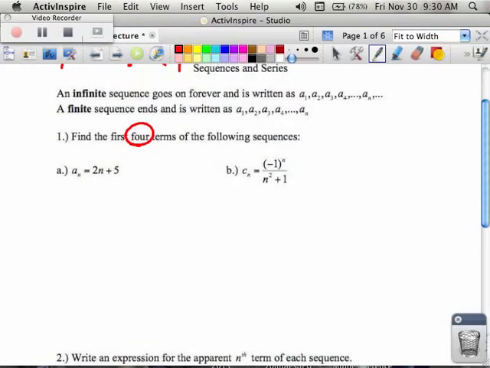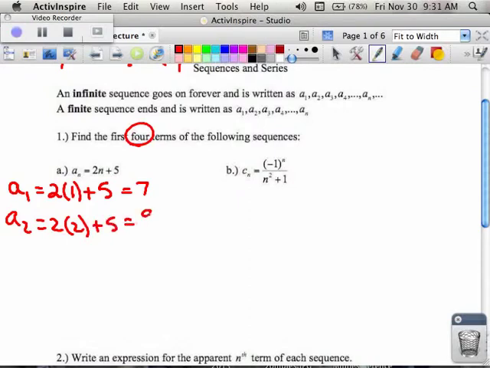So in example number 1a, what they're saying is, if I wanted the first term, or in other words, if I wanted a sub 1, that would be 2 times 1 plus 5, or in other words, 7. If I wanted a sub 2, that would be 2 times 2 plus 5, or in other words, 9.